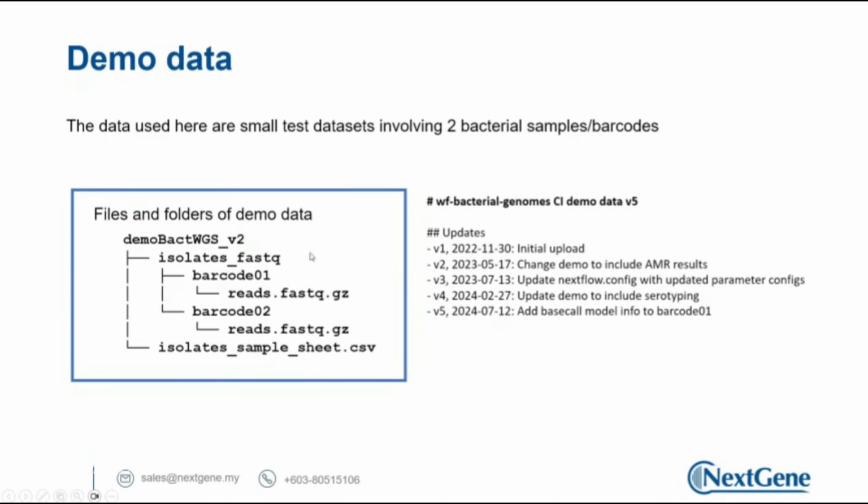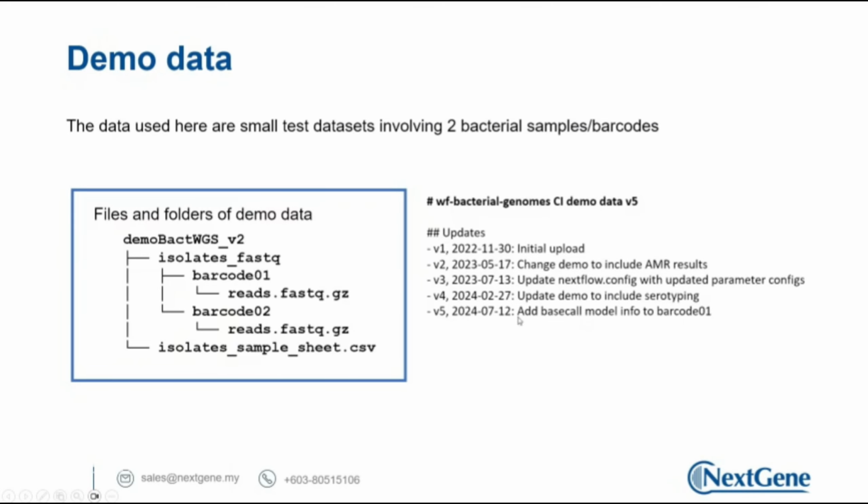Some background on this data set. This is actually a relatively old data set from ONT. The data was obtained before 2022, so they have improved or modified it a little bit over time to fit it into the pipelines.